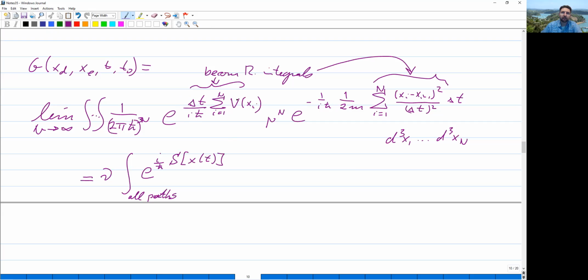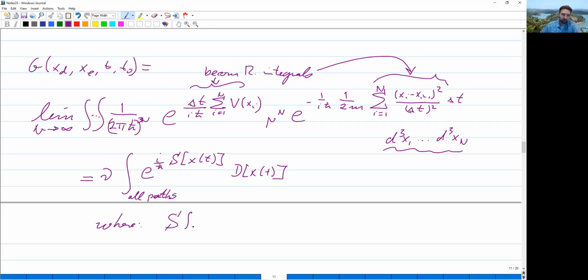It is simply the collection of these terms up here. I'll write it down in a moment. And then symbolically, this thing is written as dx of t in the actual limit for n going to infinity. What is this action?